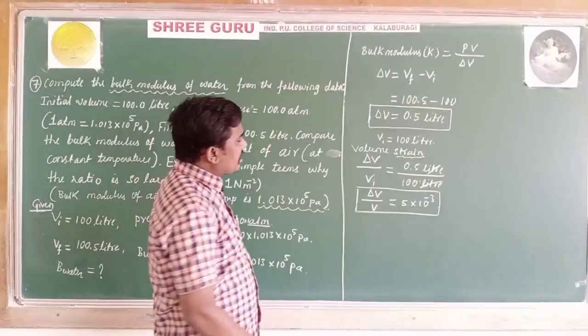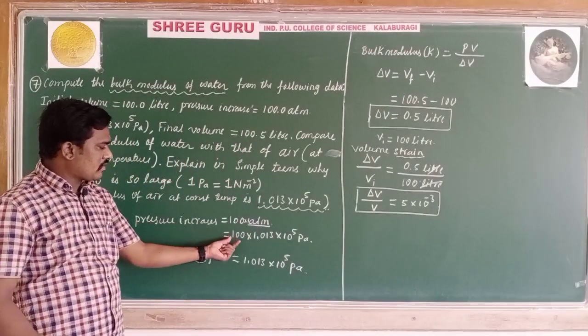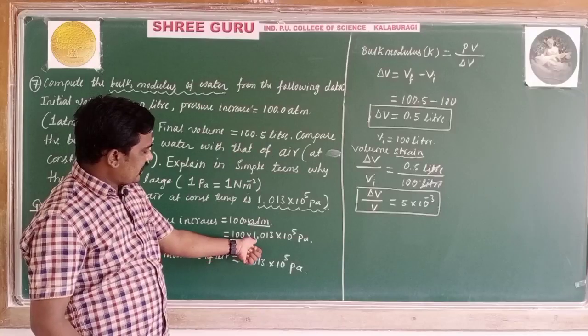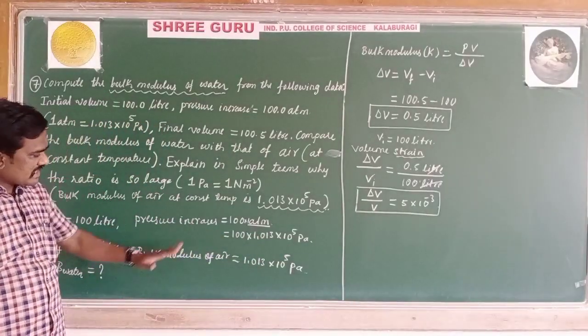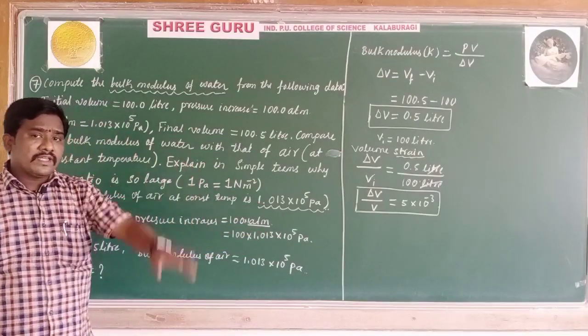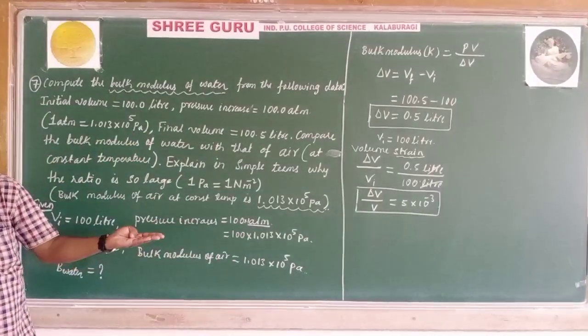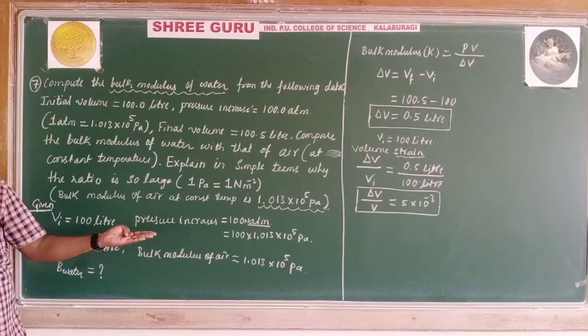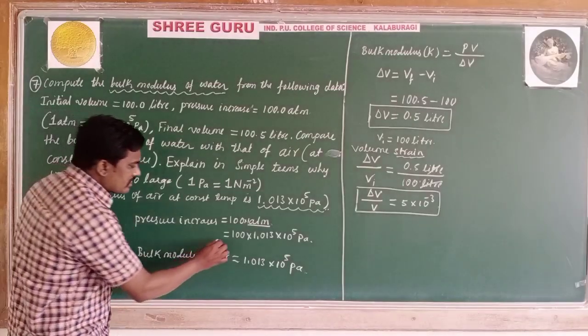Now the pressure increases. Already they mentioned pressure increases. P is equal to 100 into 1.013 into 10 to the power of 5 pascals. Keep it as it is, don't multiply, these things are going to cancel. Or if you want to multiply, that is nearly 1.013, just to convert these values.